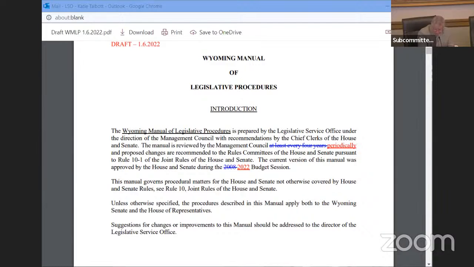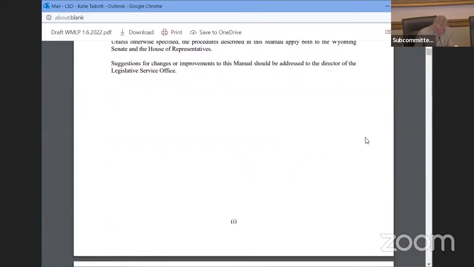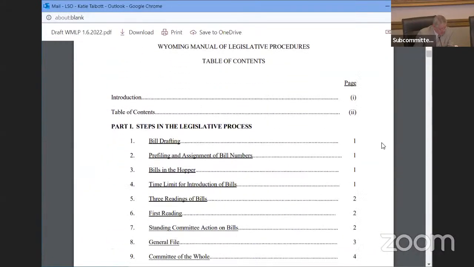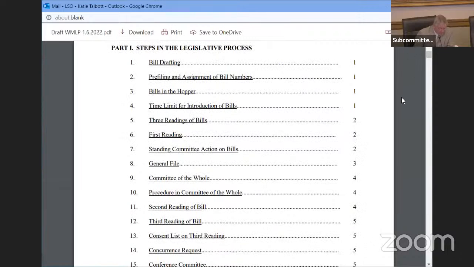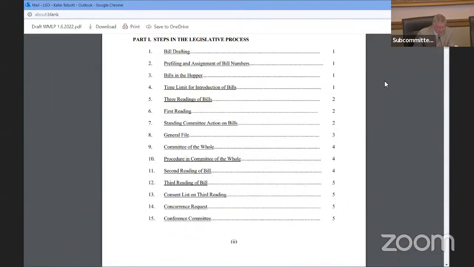On page 1, you do have an amendment: insert the correct session, and then after rules, there's an insertion to the second paragraph, "not inconsistent with the Constitution." All that language does is follow the rule and make it real clear that we're not trying to change the rules.